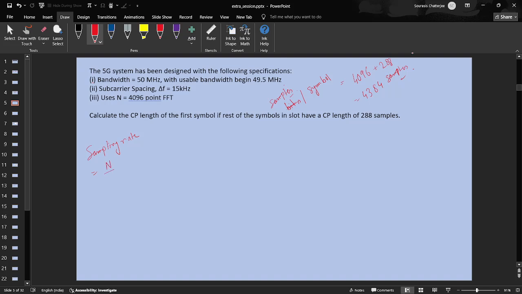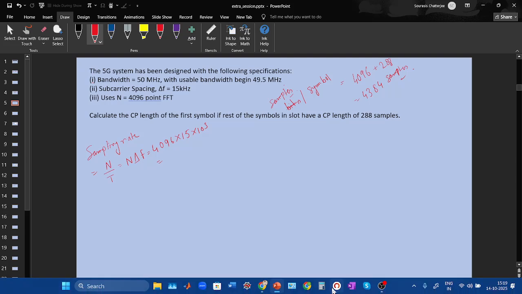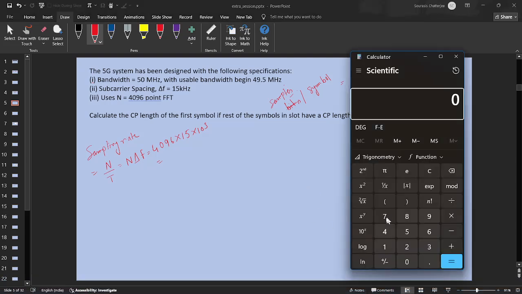So it's basically N over T, that means N times delta f, that is 4096 times 15 into 10 to the power 3. Let me just calculate once.